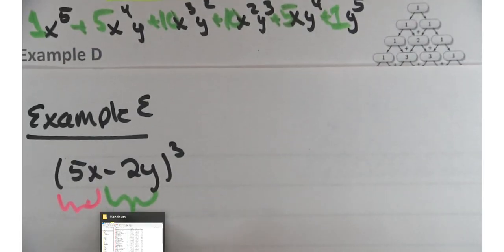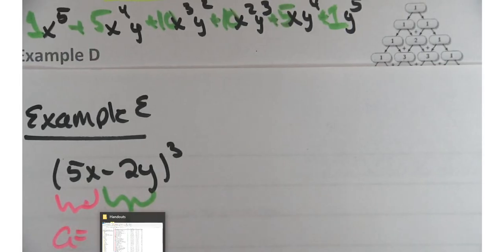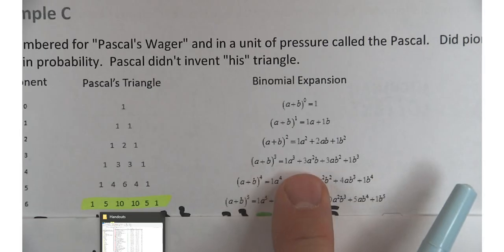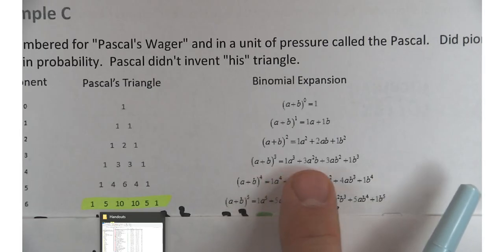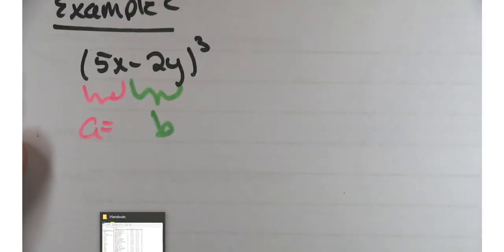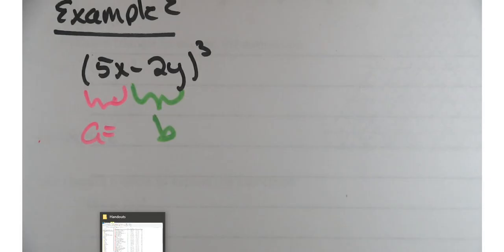So that's my B, this is my A. So when I write this out, I'm going to write it out pretty much like it's written here. I'll have an A cubed, then A squared, then A, and then on the right end, start with B cubed and decrease like I did there, except I got to put these whole terms. So it's going to look like this.